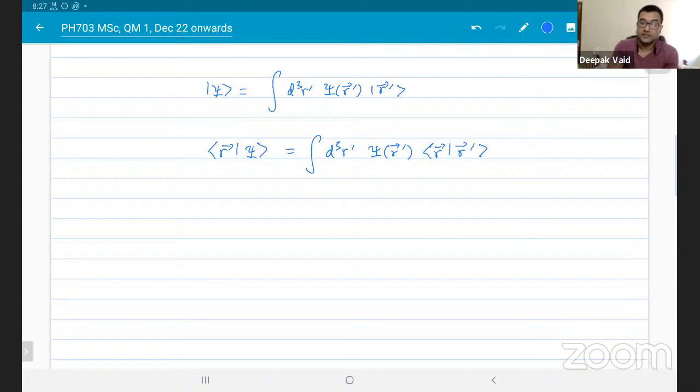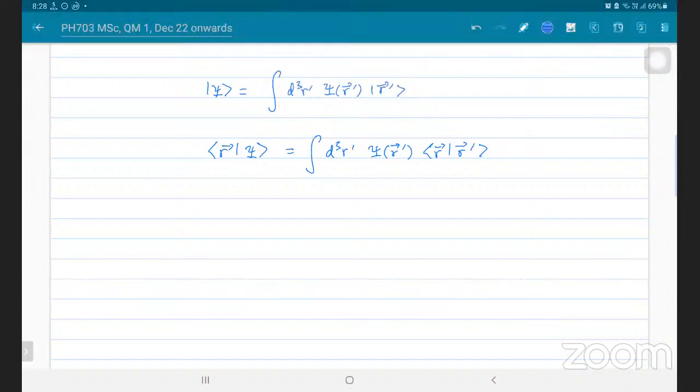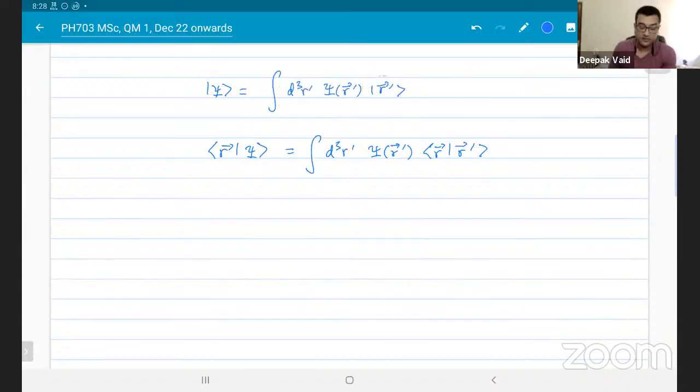See, what it means is I'm performing an integral over this variable. Here there is an integral, right? So this is a dummy variable.